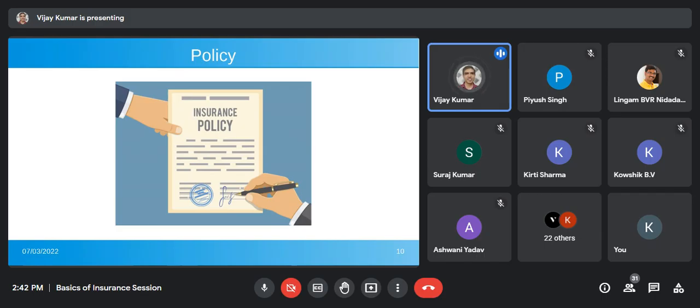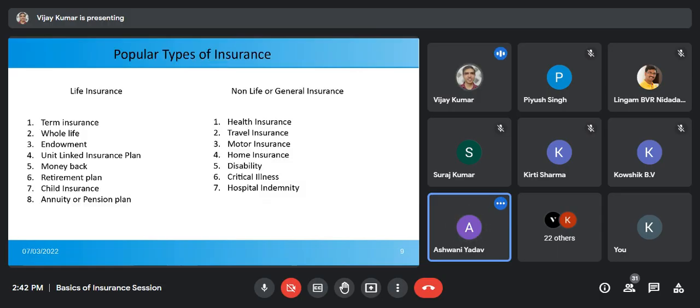Okay, all I keep mentioning is premium, but I didn't give you the definition of premium. Anybody knows what is premium? The amount we pay to get all the coverages mentioned in the policy. Correct.